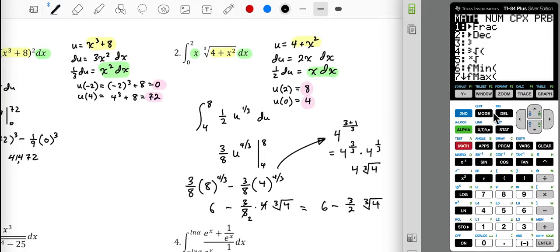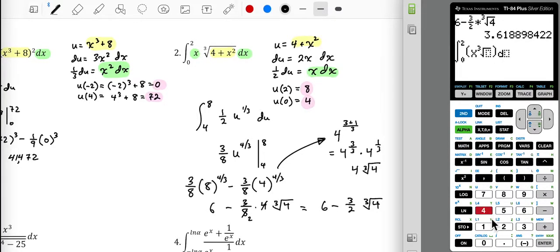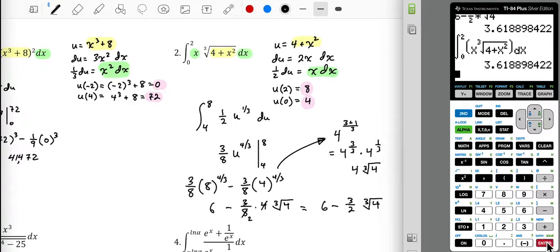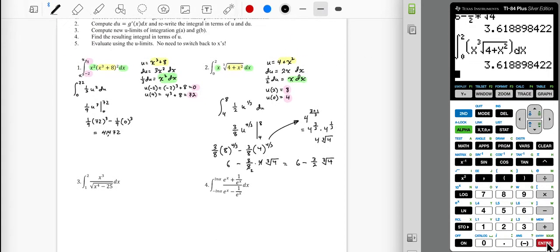We got the cube root of 4 plus x squared dx. And there you go. We get an exact value, but it's a question of whether that was worth the effort. Depends on the situation.